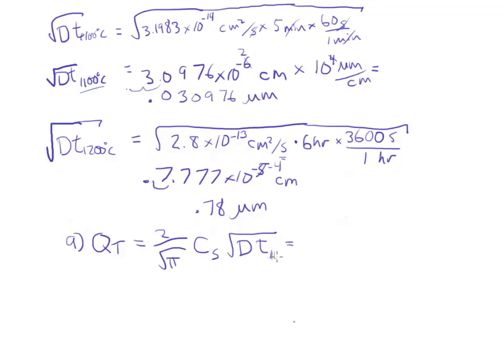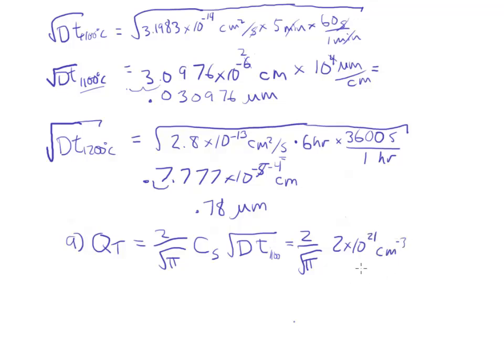And this will be the one we calculated for 1100. Okay, and so I just take 2 divided by the square root of pi times C_s, which is 2 times 10 to the 21 per cubic centimeter.